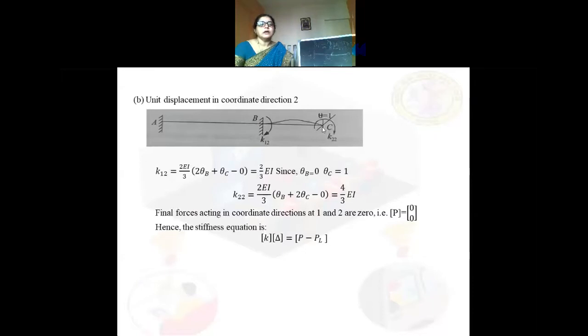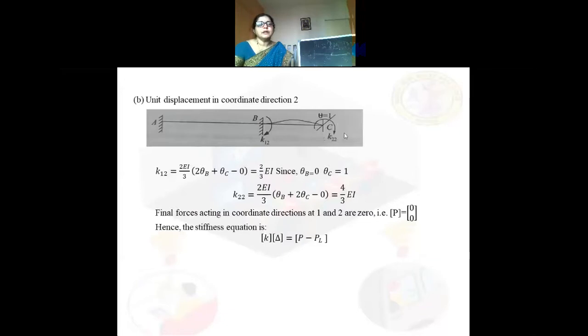I'm not interested in BA because there is no restraint here, even B is fixed, A is fixed. Rotation is happening at support C, so BA will not come into consideration. Only for the BC span you have to consider.